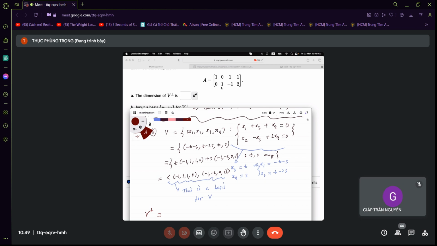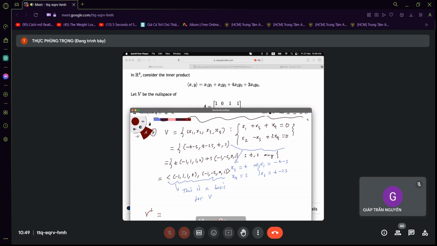We haven't used the inner product yet, right? Because right here you just get a basis for V, and V is the null space of A, so it's just from vector spaces. But now it's time to use the inner product to get a basis for V orthogonal.